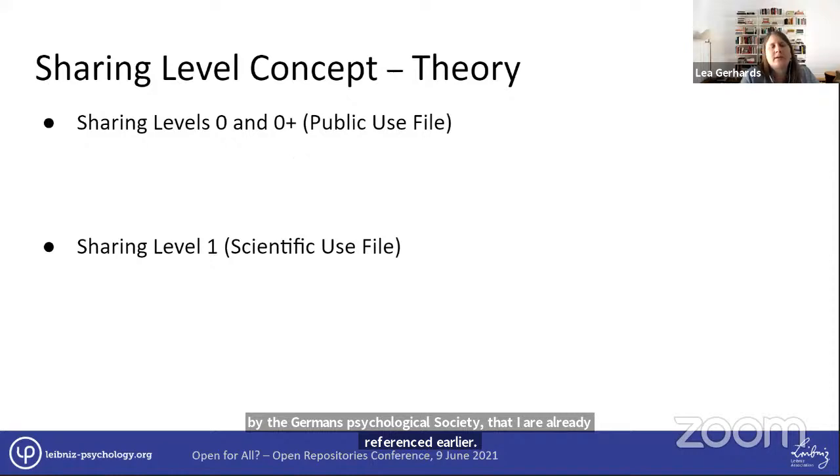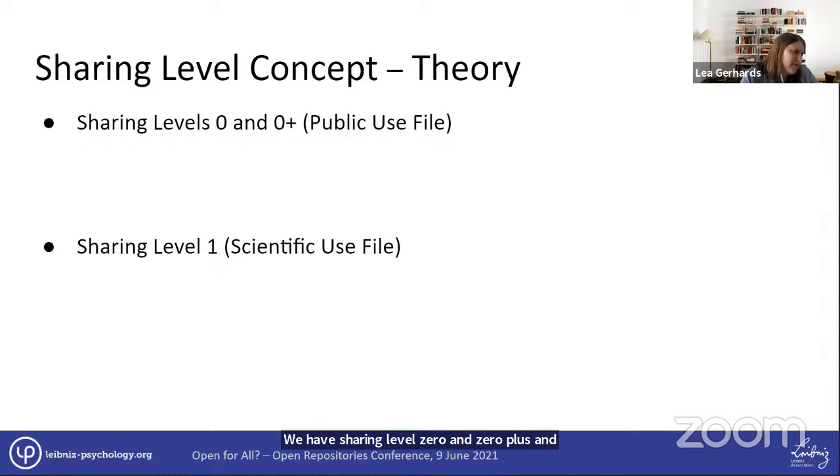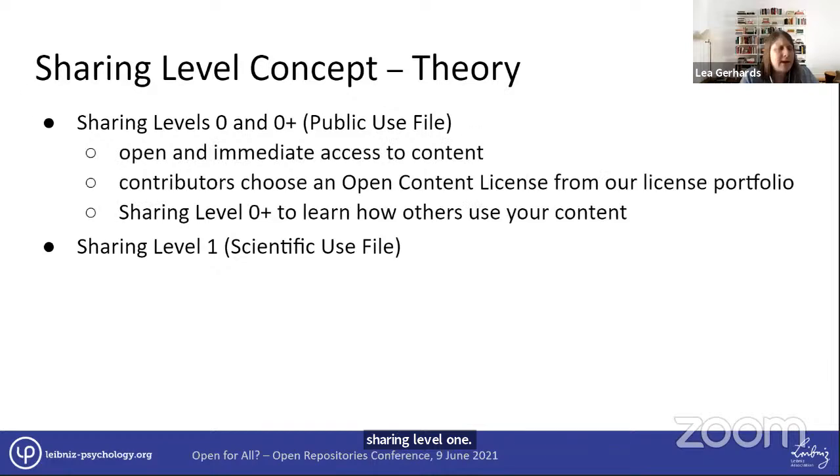So how does this look? We have sharing levels 0 and 0 plus, and also sharing level 1. Sharing levels 0 and 0 plus allow open and immediate access to content. These two sharing levels are applicable in all cases in which there are no plausible reasons for restricting access from the perspective of the scientific community.